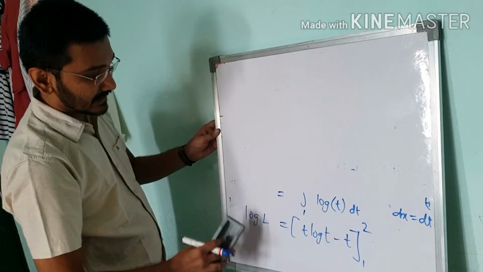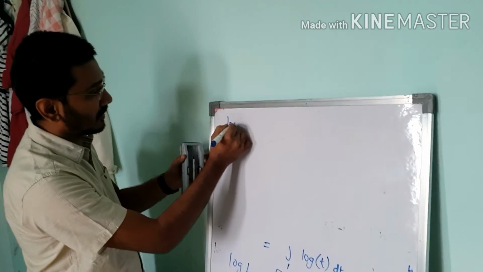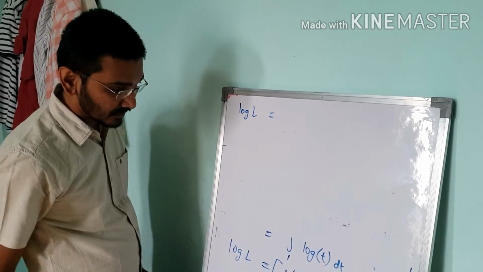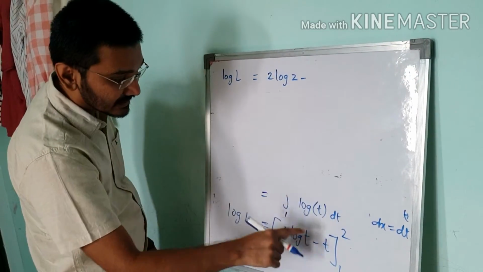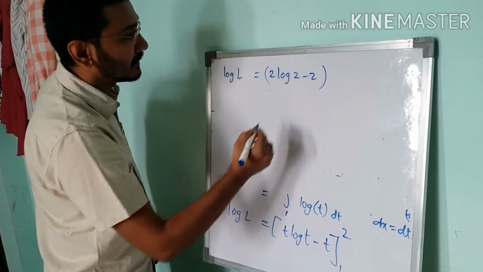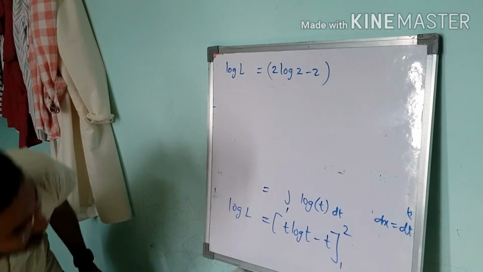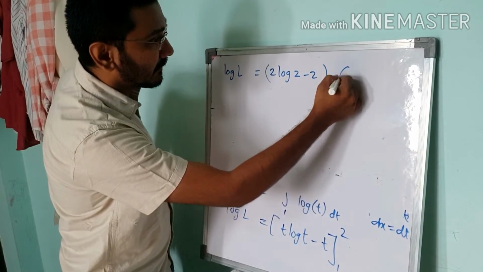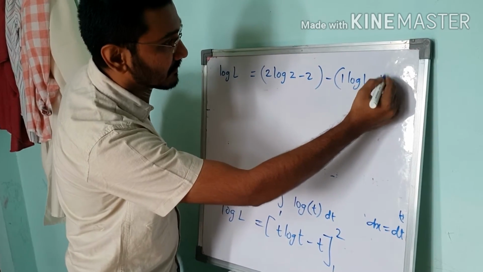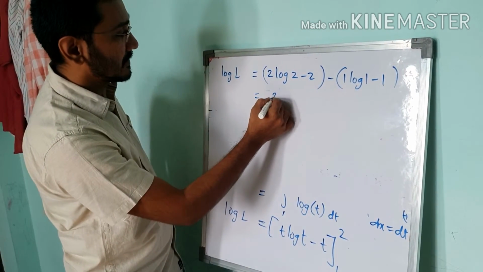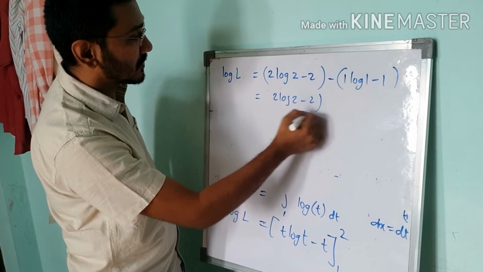I will solve this step now. So I am getting log L equals, if I put 2, then I will get 2 log 2 minus 2. This is the upper limit I have put. Now I will put the lower limit. When I put t equal to 1, it becomes 1 log 1 minus 1.